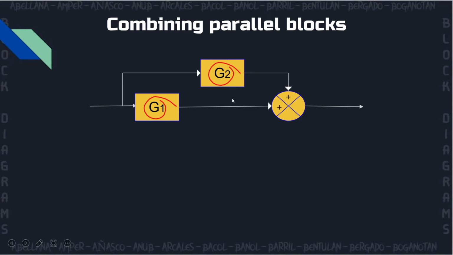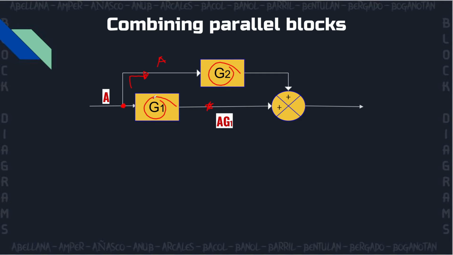Now we will have an input of A, and since there is a branch point from this part right here, it will also carry the signal A. The output in this part of the circuit would be AG1.